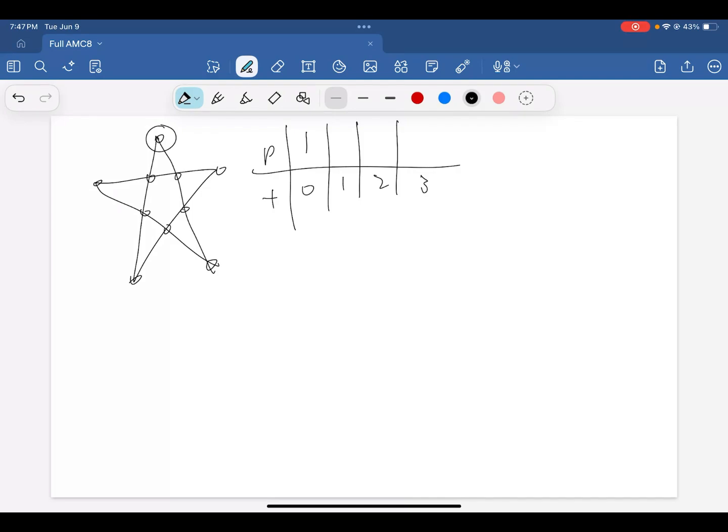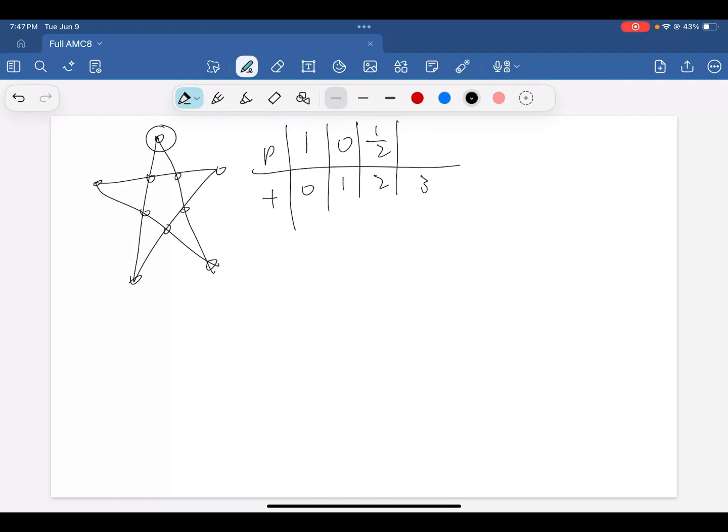So after 1 move, there's actually a 0% chance that Charlotte is at the outside, because there's only 2 paths and they all lead to the inside. And then from time 1 to 2, there's 2 paths back to the inside and 2 paths back to the outside. So this is again 1/2.